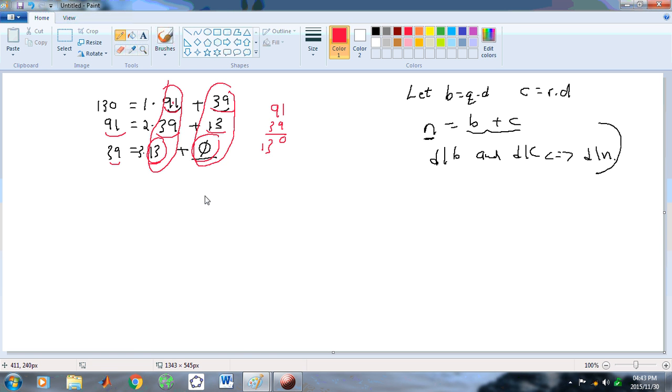The divisor in the row with 0 remainder will be the greatest common divisor, because every time we move from one row to the next we use the highest possible divisor. Okay, so every time we move from this row to this row and this row to this row, we use the highest possible divisor. I wouldn't have used 39 here in the first row because it's not the highest value that I can divide, right? Okay, and the two numbers in this case are 130 and 91, and their greatest common divisor is 13.